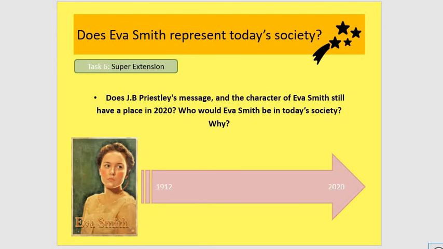So let's just have a think of who she was in the play, supposedly in 1912. So she was a young woman who maybe didn't have a career as such, but certainly had a good job working in the factory. She then felt that she should be paid more, her and her fellow female workers, so they started a strike. Consequently, she was seen as antagonistic, so she was sacked.